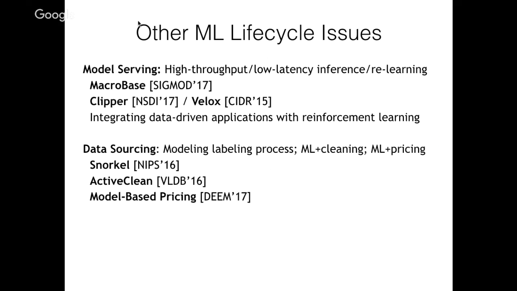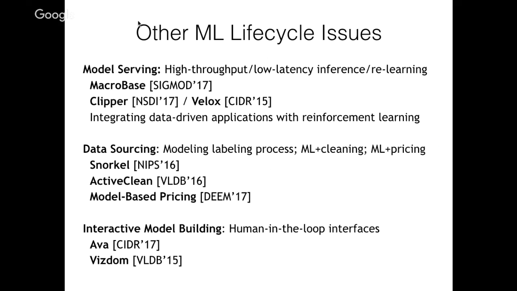Sourcing the training data, sourcing the features, sourcing the class labels or the target, cleaning the data, pricing for data that is being purchased for ML tasks. There's a bunch of recent work in this space. And finally, building human-in-the-loop interfaces, visual interfaces, chatbot-style interfaces to basically make it easier for data scientists to do model selection would be very beneficial as well.